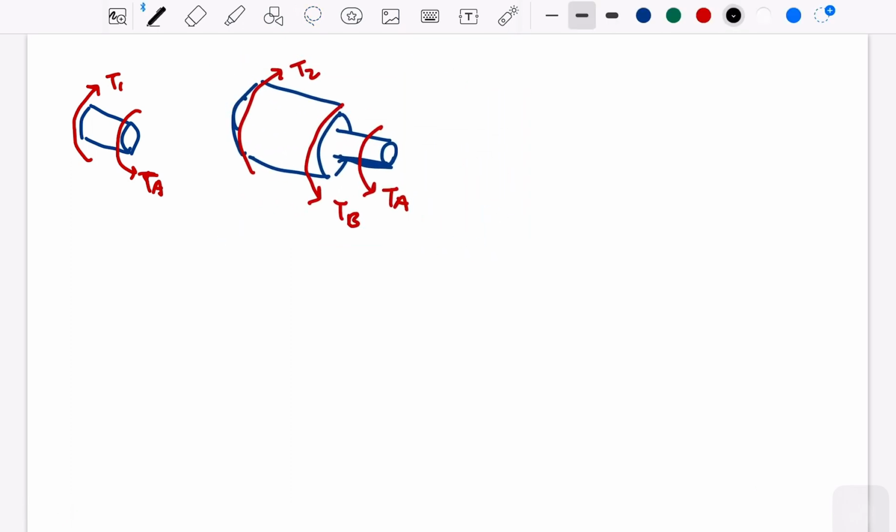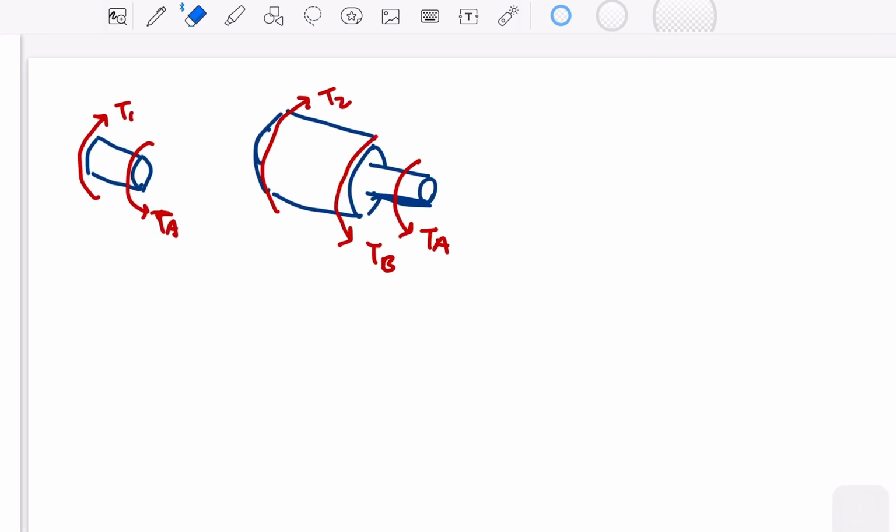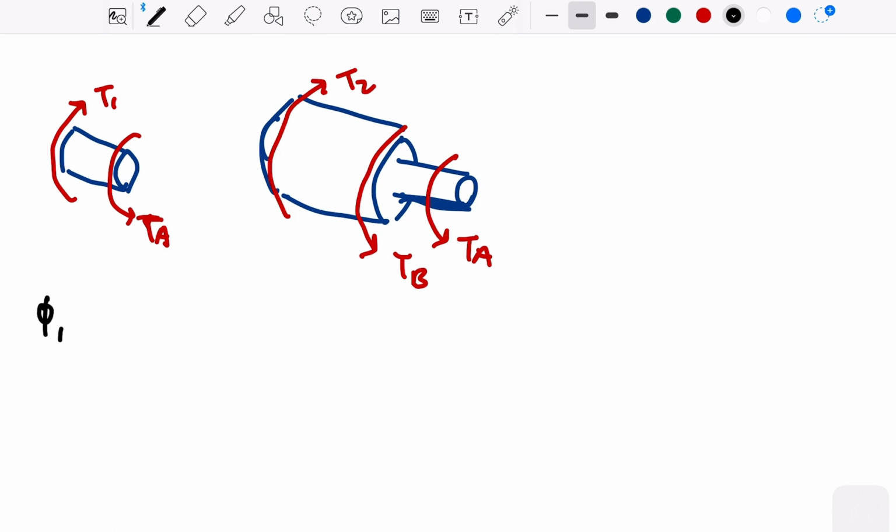Okay, now from here we get the angle of A. We can write the angle member is, the torsion T, the rotation angle.